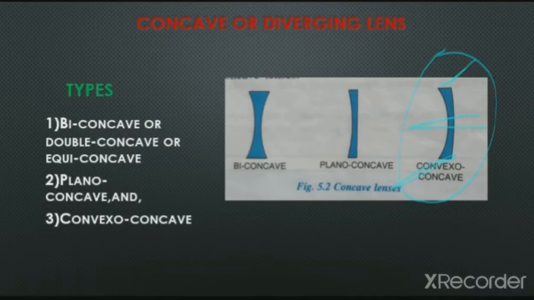Just now we saw that a concave lens is thick at its periphery and thin in its middle, so it produces a diverging action. Because of that, a convexo-concave lens also produces a diverging action, and a concavo-convex lens will do simply the opposite. Clear? So that is the three kinds of lenses in the case of concave and also in the case of a convex lens.